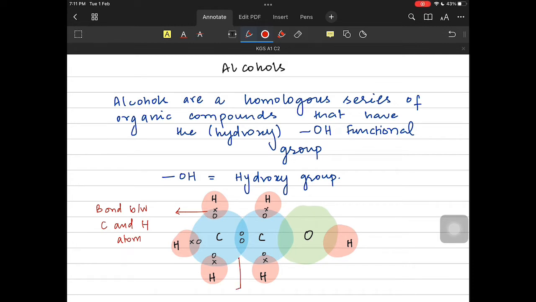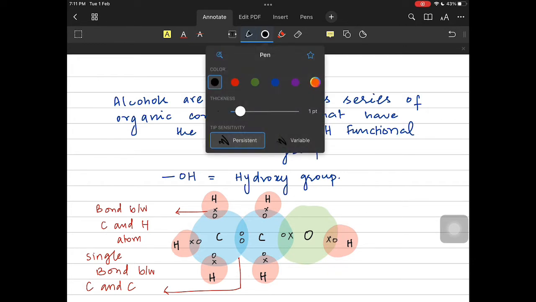Similarly, over here the 2 dots represent a bond between the carbon and carbon atom. Oxygen also makes a bond. This is a single bond, by the way. So oxygen also makes a bond with the carbon atom, and that is a dot and cross. Oxygen has another bond with the hydrogen.